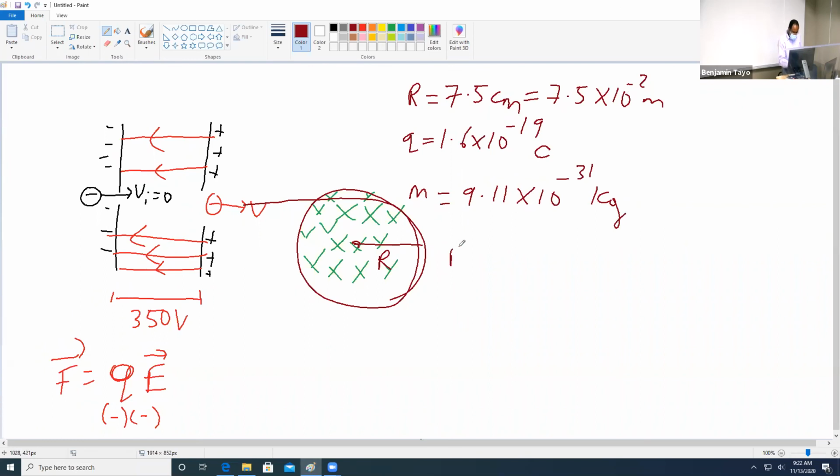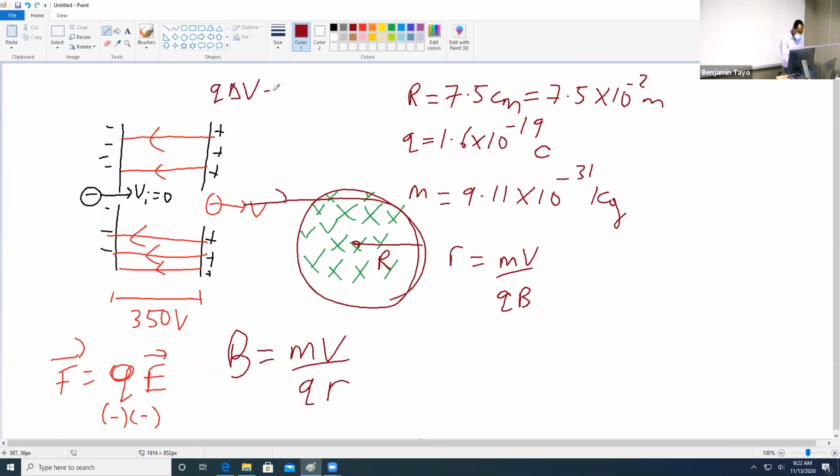So we know that R is equal to M times V over Q times B. So I want to calculate the strength of the magnetic field. I can rewrite this equation as B equals M times V divided by Q times R. So what we need is this entrance velocity V, which I can calculate by saying that the charge of an electron times the potential difference is just going to show up as an increase in the kinetic energy.